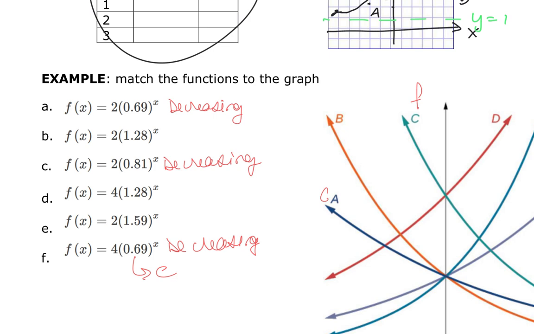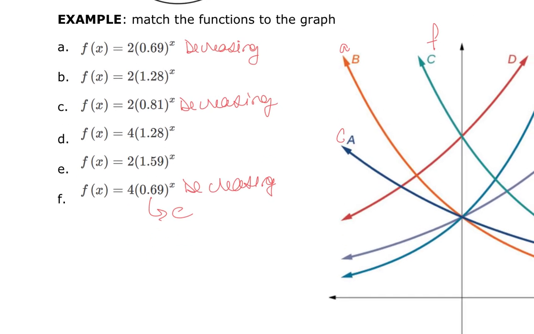And you're like, how do I know that? Well, if you were to do 2 times 0.81 to the 1, this in your calculator is going to be 1.62. If we were going to do 2 times 0.69 to the 1, this is going to be 1.38.